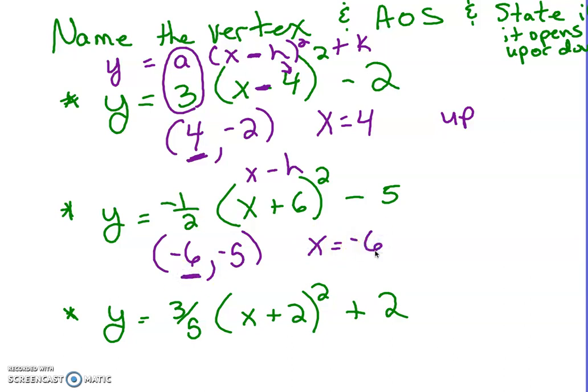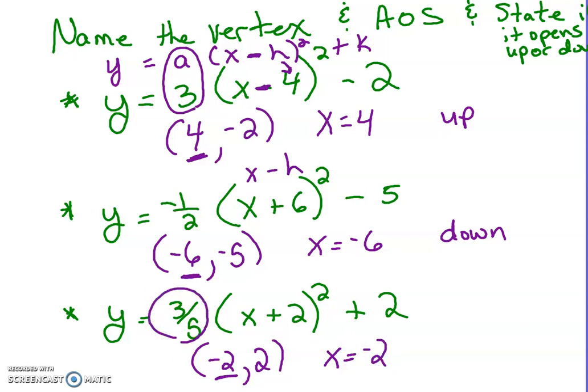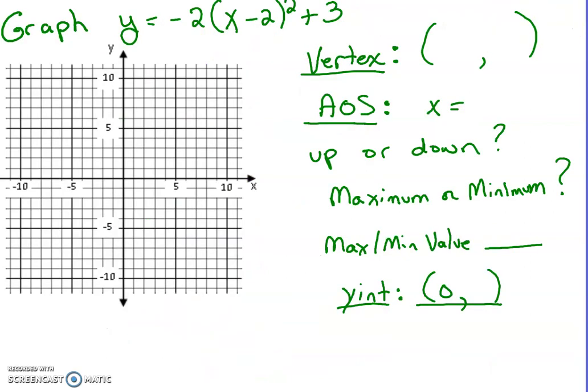And then, of course, you can see that the a is negative, so this parabola will be opening down. For our next one, we have x plus 2, which means the h is negative 2, the k is positive 2, the axis of symmetry is x equals negative 2, and of course this is a positive a, so this would be opening up.